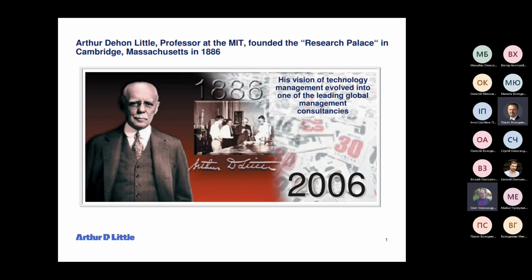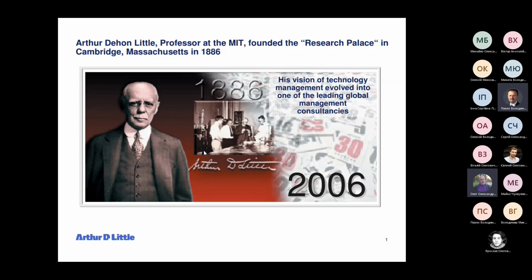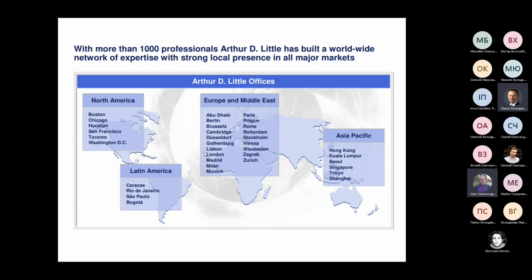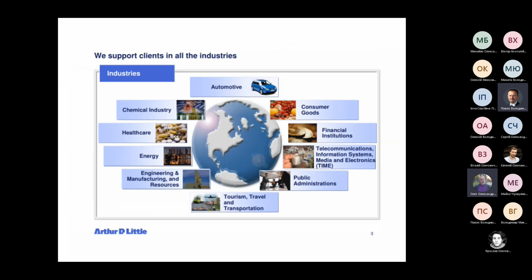You must know this university, from Massachusetts, and he created the big consulting agency, and this agency operates now all over the world, and in the portfolio of the companies served by the agency are companies from, I would say, all the industries of the economy.